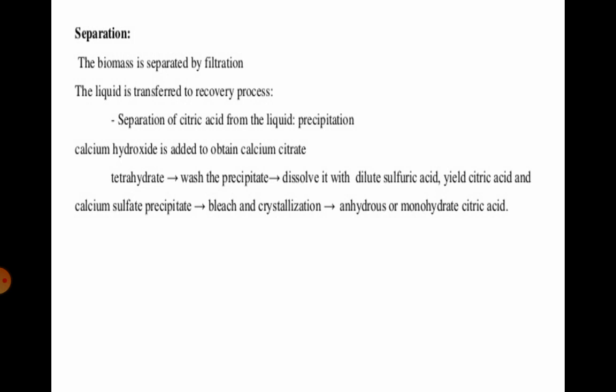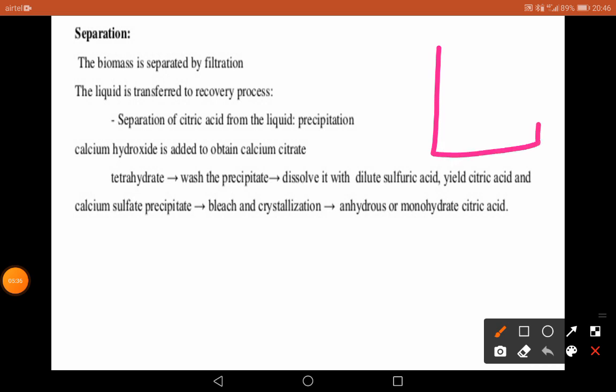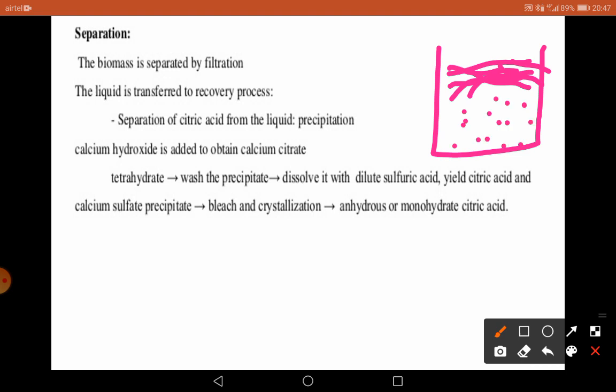After the process of fermentation is over, the biomass is separated by filtration. Usually, if this is a vessel, the fungal mass grows onto the top. These are the fungal mycelia, and the product, which is citric acid, is released into the media.